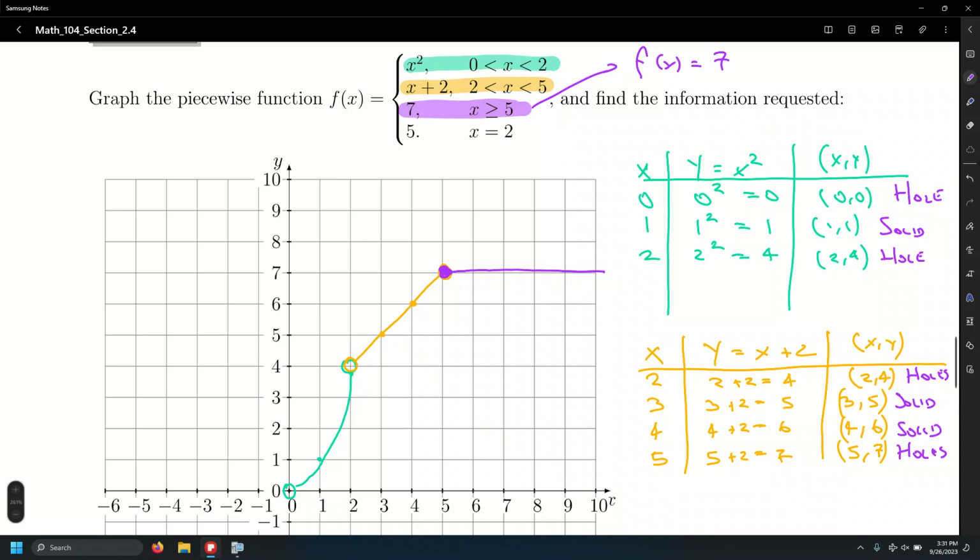And lastly, that last part of the piecewise defined function might be a little weird. So f of x equals 5 for x equals 2. So that is when x equals 2. Oh, yes, another color.